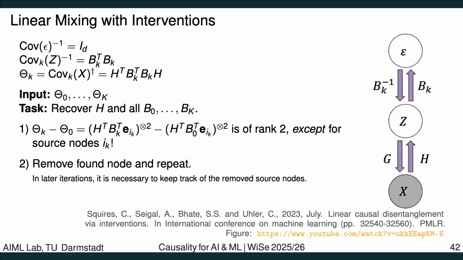The resulting matrix will be of rank 2, in terms of column or row rank. But the exception is if we are at source nodes. So this is basically to say if you intervene on a variable which has no parents, we do not cut any edges.